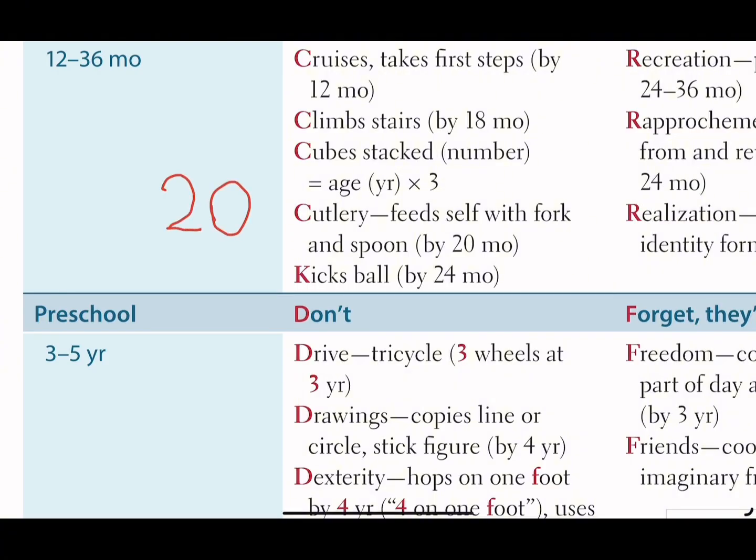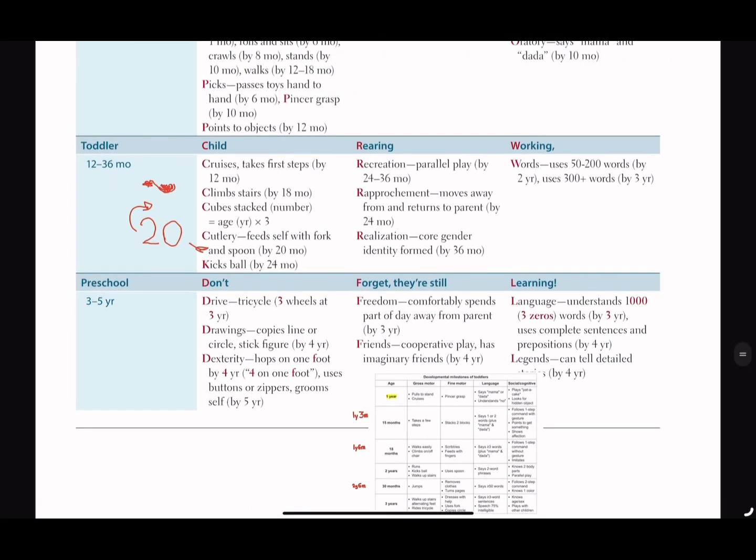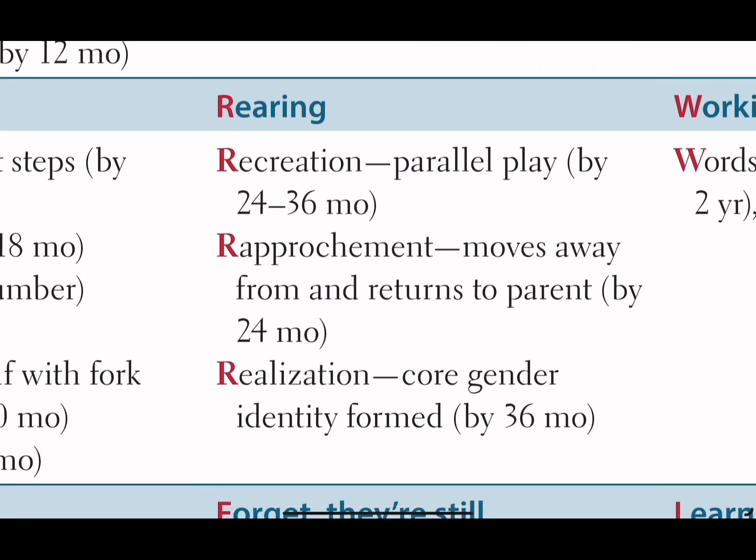How is it a spoon? If you turn the 2 this way, it will be like that. So here you put the food, so it's like a spoon, and you hold it from here. 20. Kicks ball, 24. Recreation, parallel play by 24 to 36. Let's see what's parallel play.